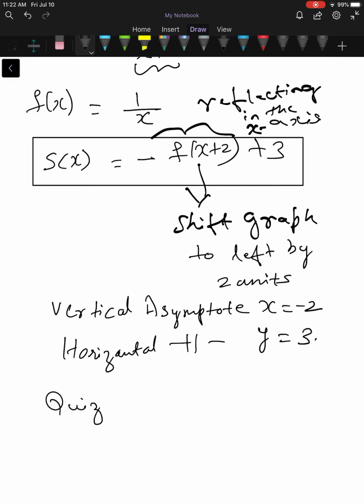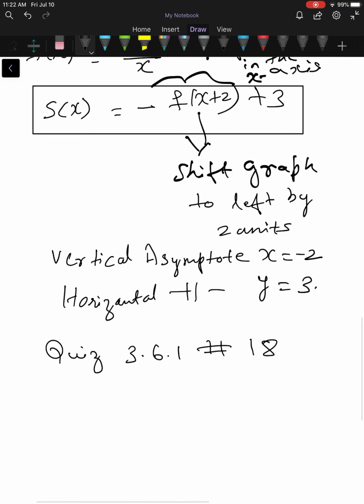I think I gave you number 12 in the previous question 3.6.1, so this would be number 18 in the book. Write number 12 and number 18 under the same question number, so you need not get confused by this.